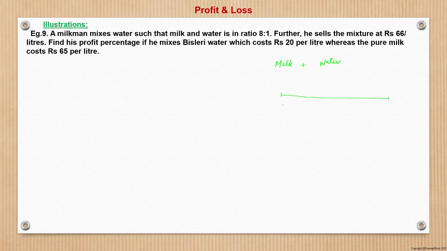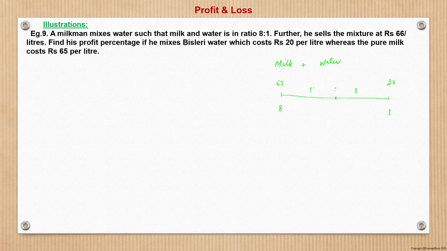So here it says that milk and water is in ratio 8:1. We will use the concept of alligation which we have learnt in the earlier sessions on ratio, mixtures and alligations. The price of milk is 65 per liter and water is 20 per liter. So what is the average cost? That will mean a ratio 1:8, right?